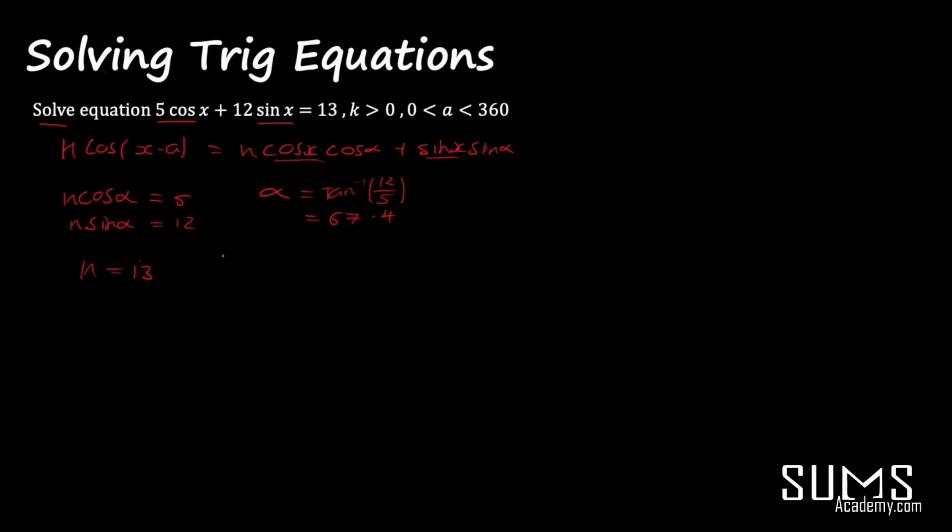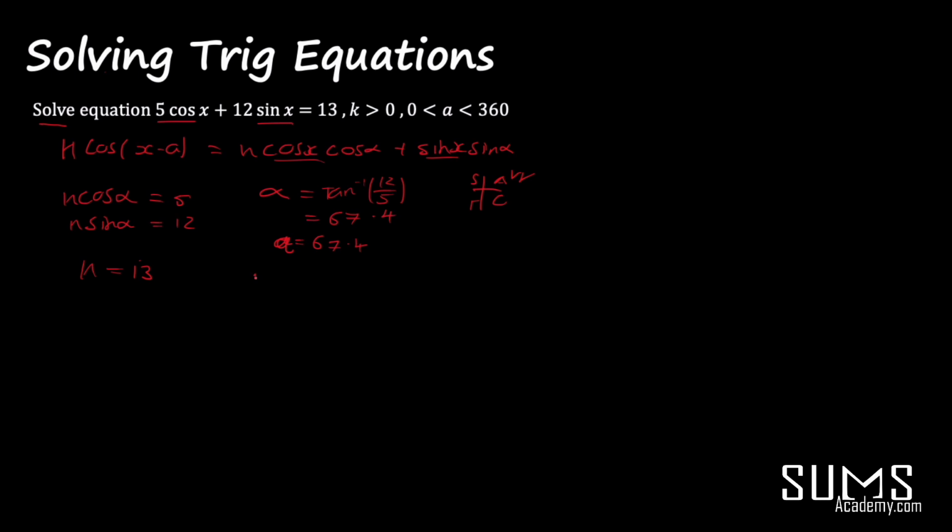Cool, and let's have a look at the quadrants. Okay, so they're both positive, so they're both going to be in the first quadrant. So a equals 67.4.